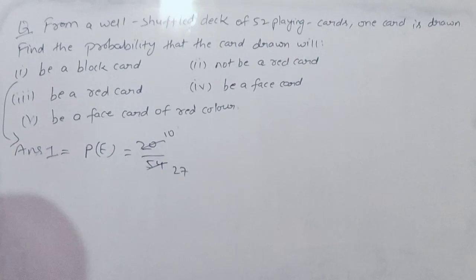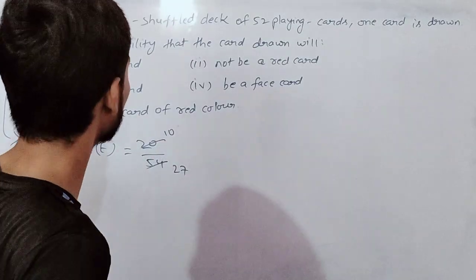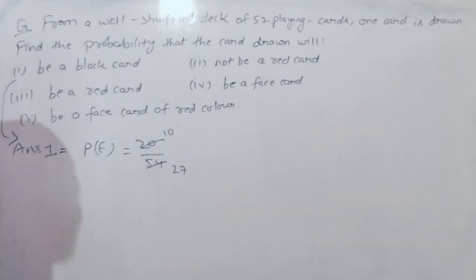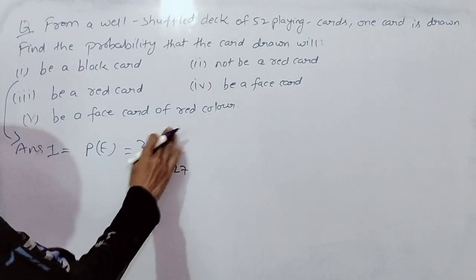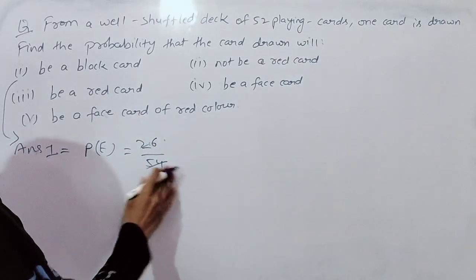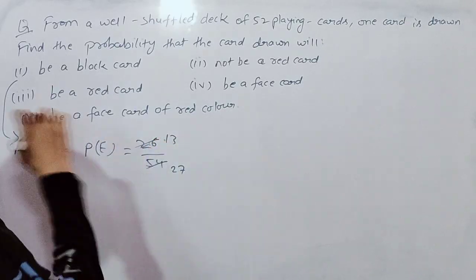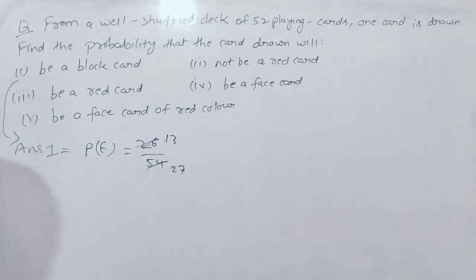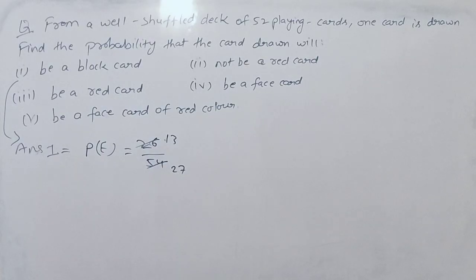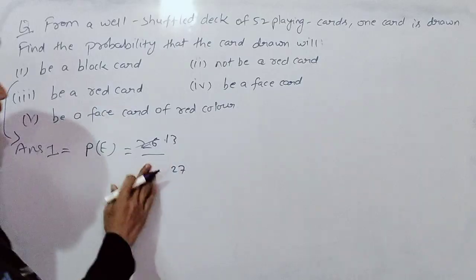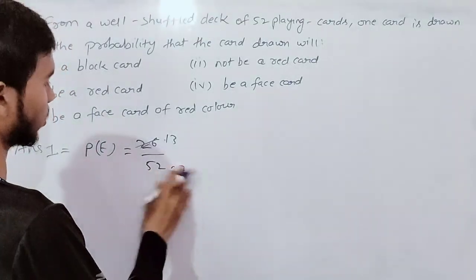So here the number of black cards including face cards will be how much? 26. That's why 26 upon 52.